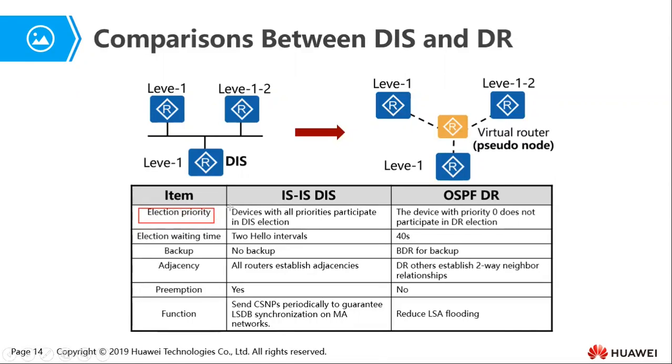In OSPF, we know that devices that have been configured with a priority of 0 cannot participate in elections. In IS-IS, devices with all priorities will participate in the election.